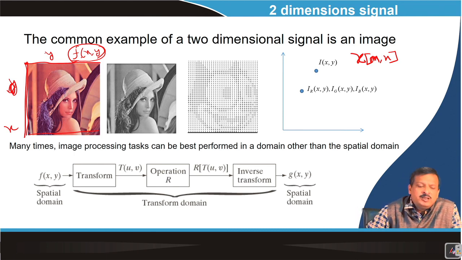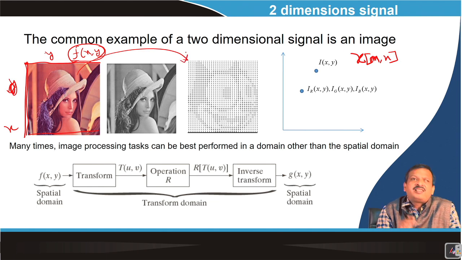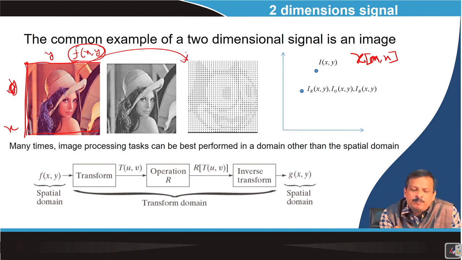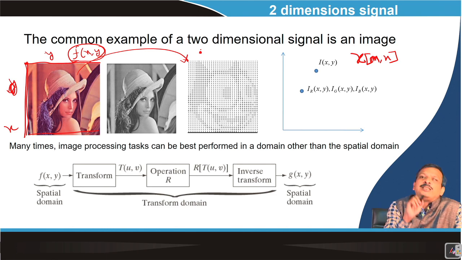What is the concept? You know that a discrete version of an image is nothing but pixels. An image is represented by pixels, and every pixel has a coordinate in the spatial domain, x and y.